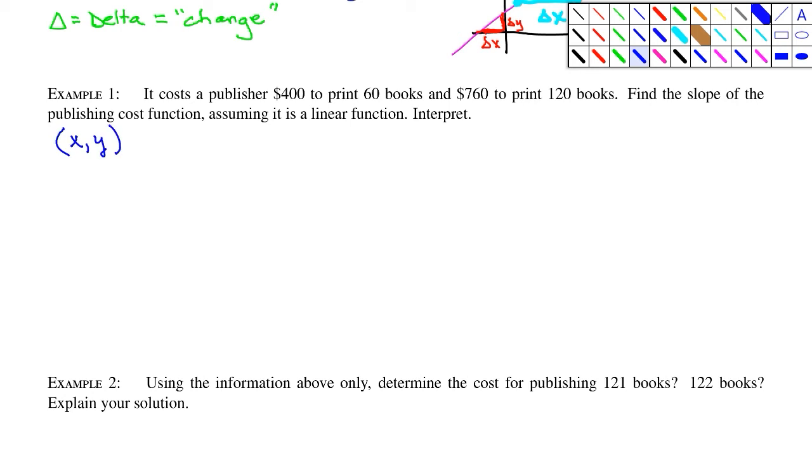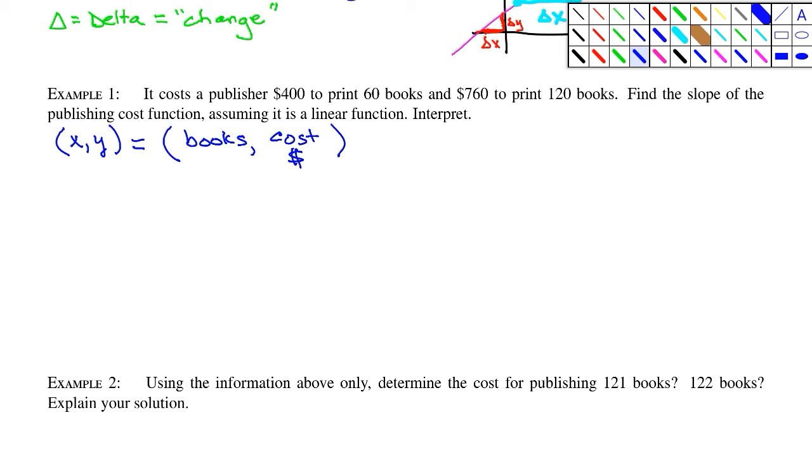Ordered pairs are in the form of x, y, and then what do we normally use for our x's? Well, we normally use the units that are being sold, the quantity that's being sold. So in this problem, it would be books. And then we normally make the y's the money value, so that's going to be the cost. Or you can think of that as the dollars.